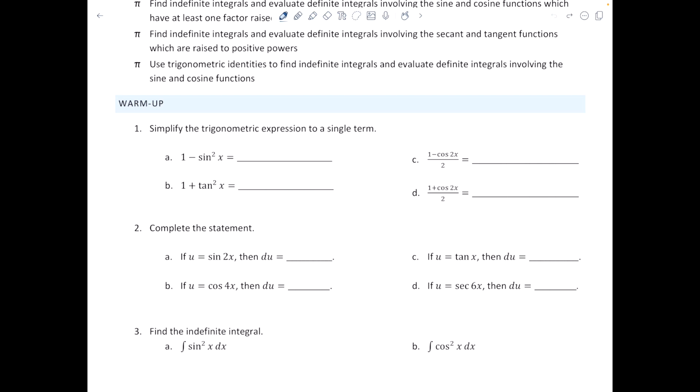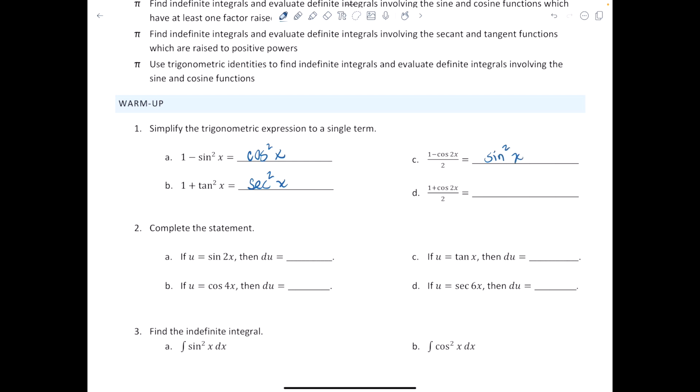Simplify the trigonometric expression to a single term. So 1 minus sine squared at x is equal to cosine squared at x. And 1 plus tangent squared at x is secant squared at x. 1 minus cosine at 2x all over 2 is actually equal to sine squared at x.